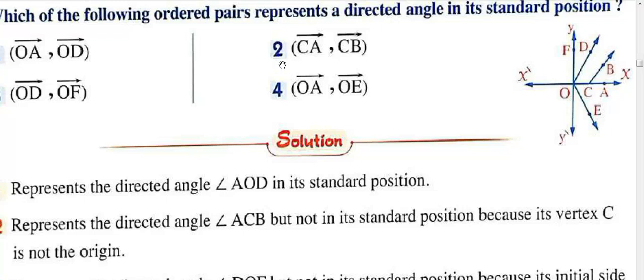Question number 2, CA and CB. Look here again. There is CA and CB.